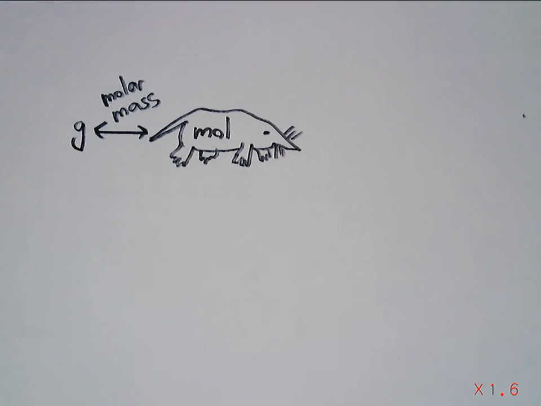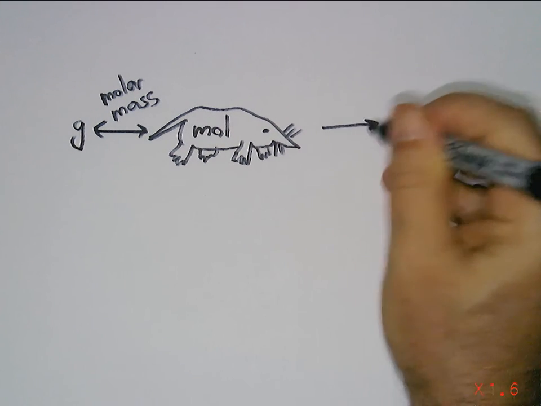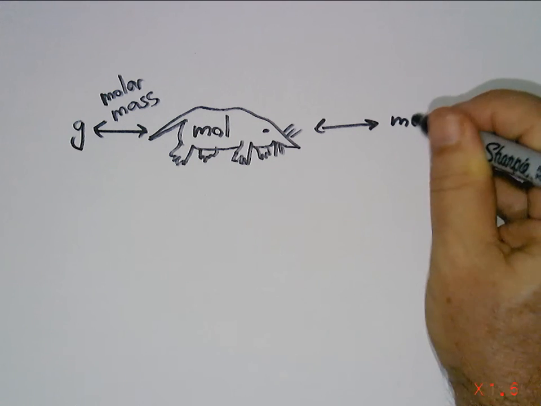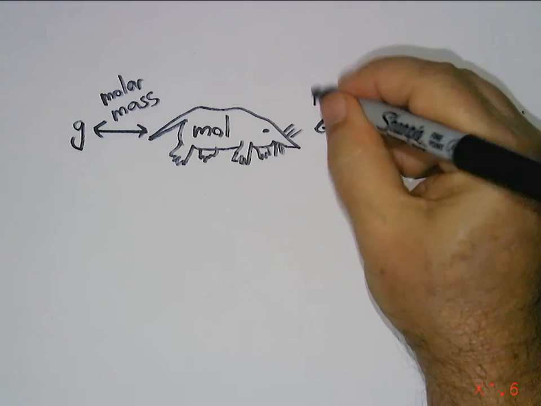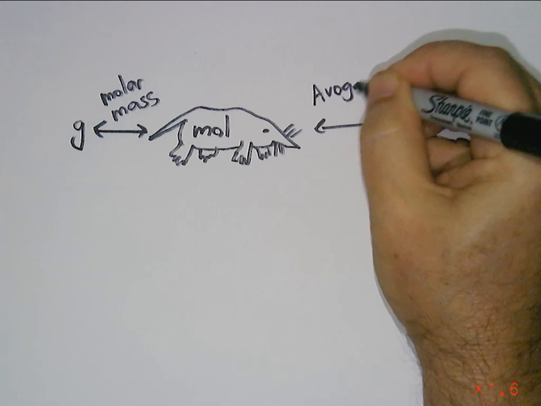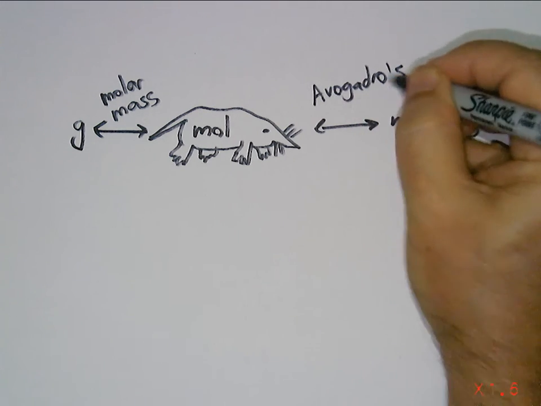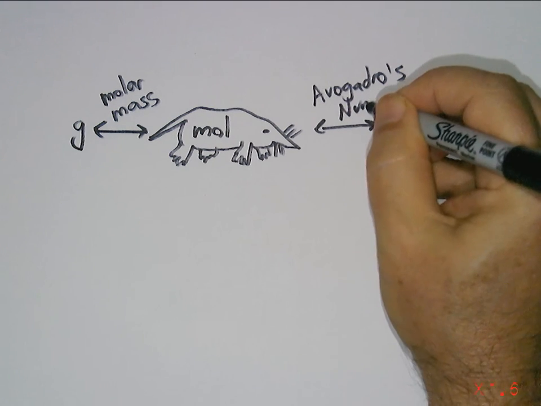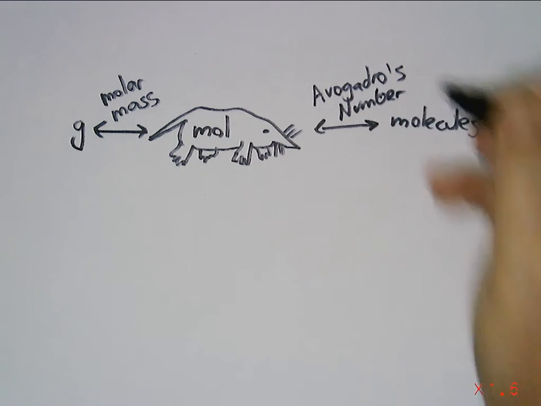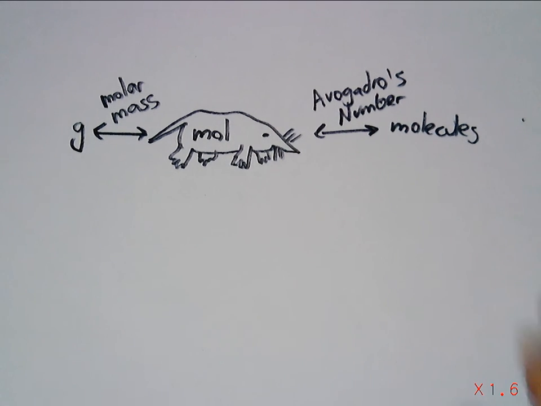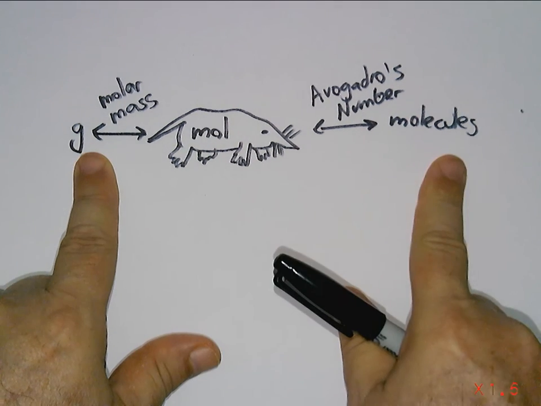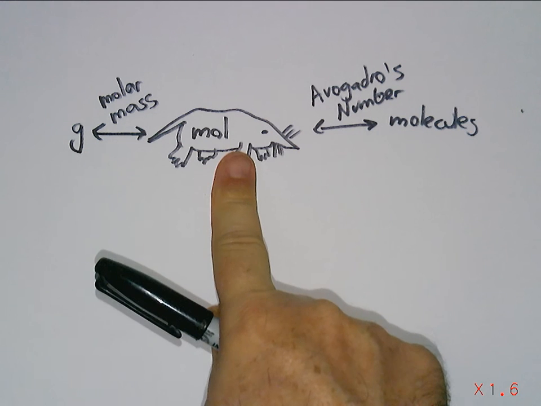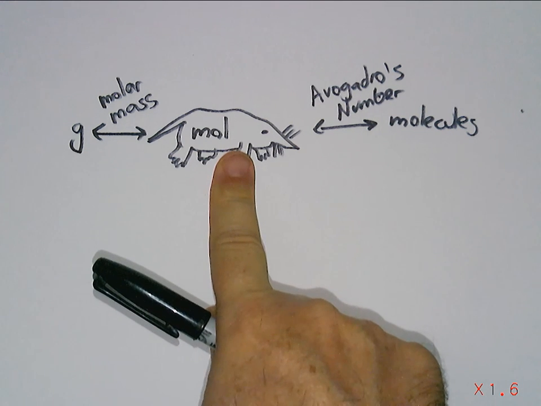And you can go between moles and molecules if you have Avogadro's number. So this is a roadmap that you can use. Always, if you're trying to go from a mass to a number of molecules, you can drop moles in to connect those things.